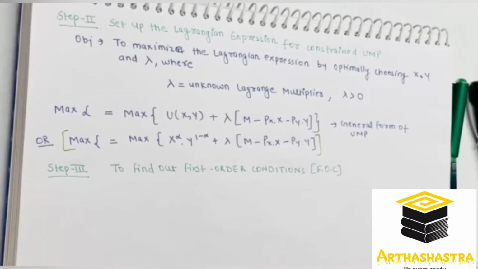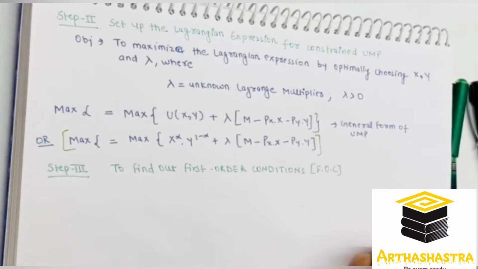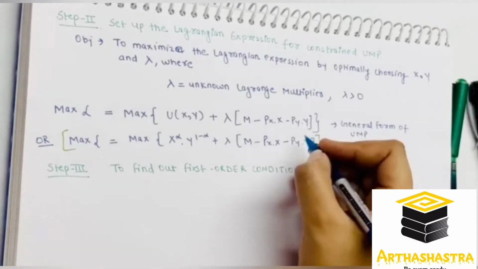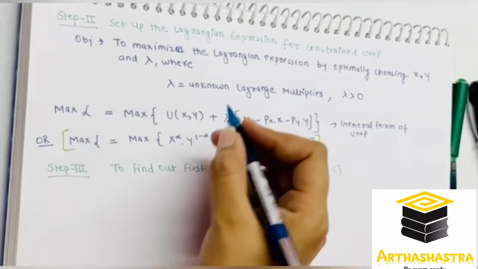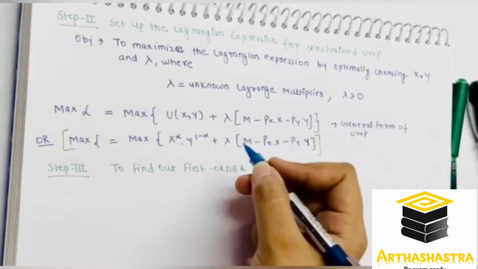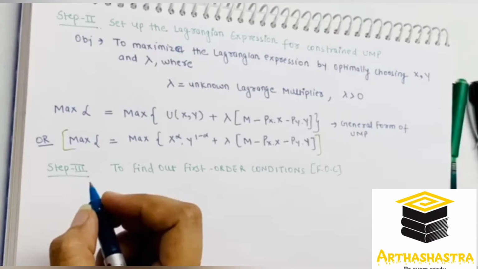So for finding the first order conditions, we will differentiate this Lagrangian function with respect to the variables. So what variables are there? x, y, and the Lagrange multiplier lambda. So start differentiating.